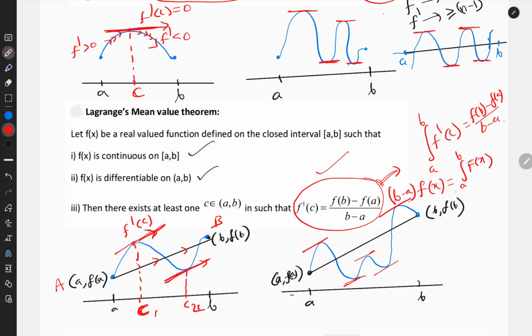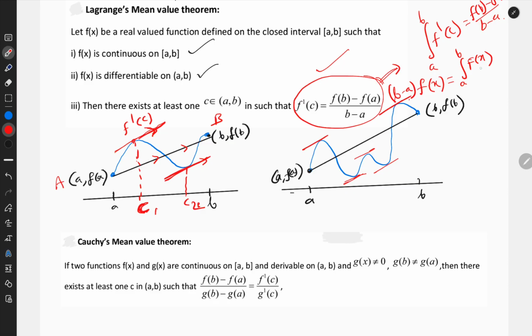So b minus a into f of c will be equal to f of b minus f of a. What is f of b minus f of a? It is integral a to b of f of x dx. So there exists a c between a and b such that integral a to b f of x dx will be equal to b minus a times f of c.